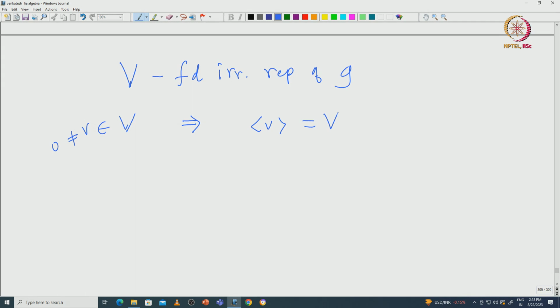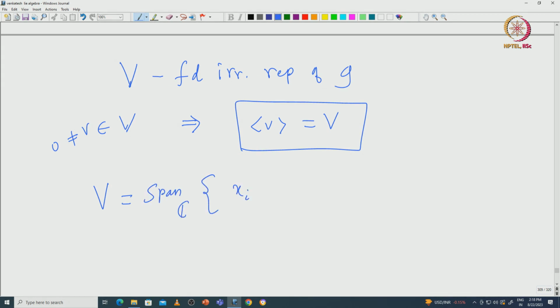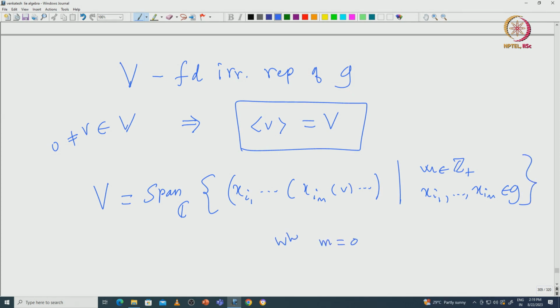So, this has to be entire V. This also forces that, using our earlier remark, this V has to be the span of all these elements x_i1 applied on x_im on v, where this m is from the non-negative integers and this x_i1 etc. x_im are coming from G, with the convention that when m equal to 0, this x_i1 etc. x_im on v is just v.